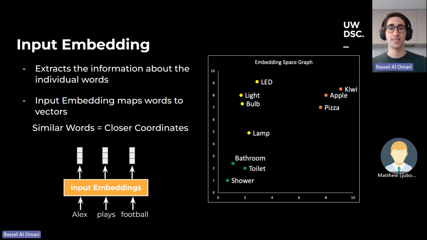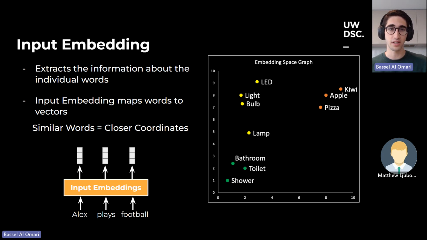They only take in inputs as numbers. So that's what we're doing with input embedding. We're taking our sentence in English, splitting it into each of its words, and then converting each word into a corresponding representative vector.